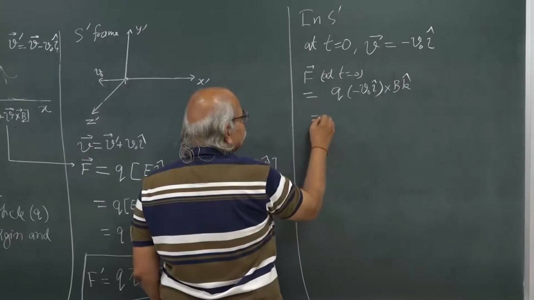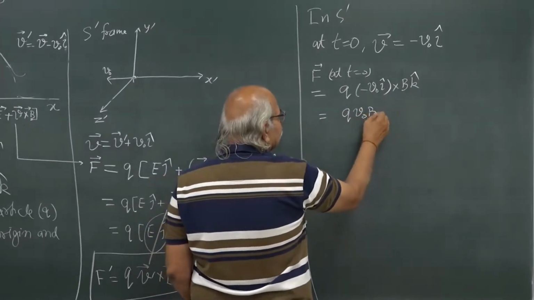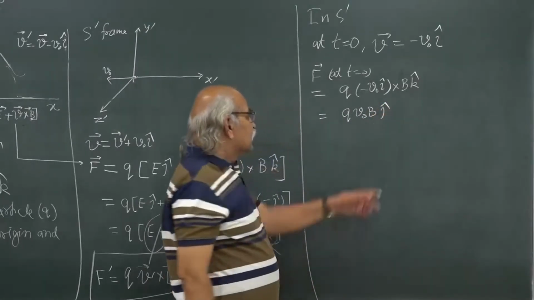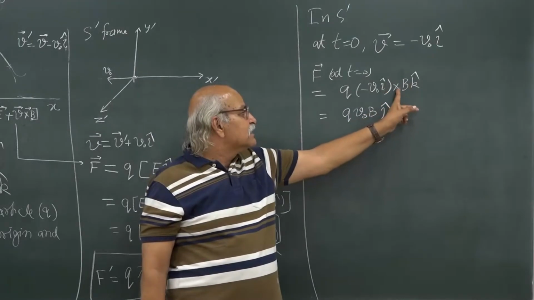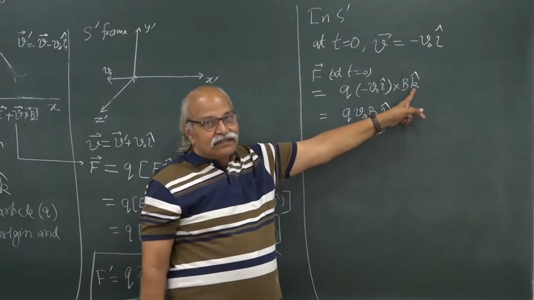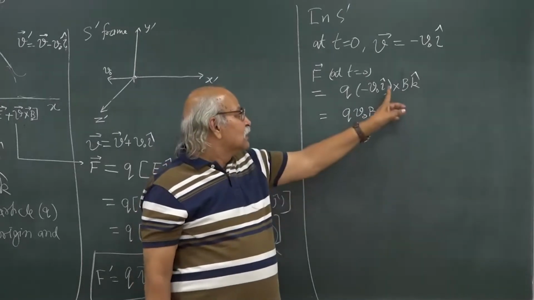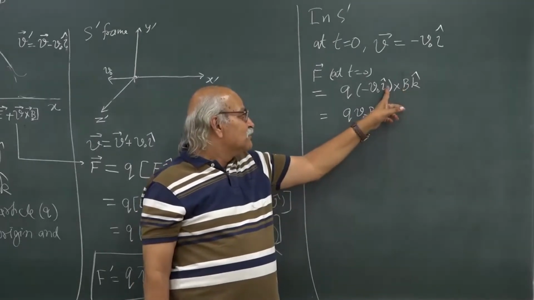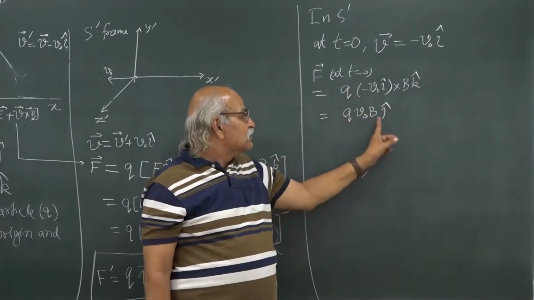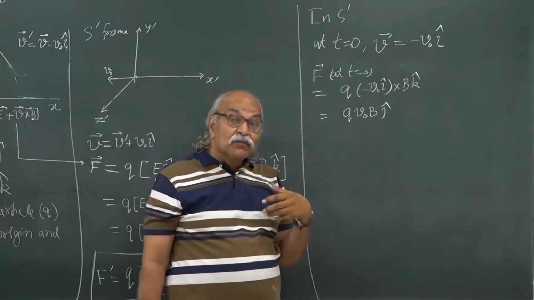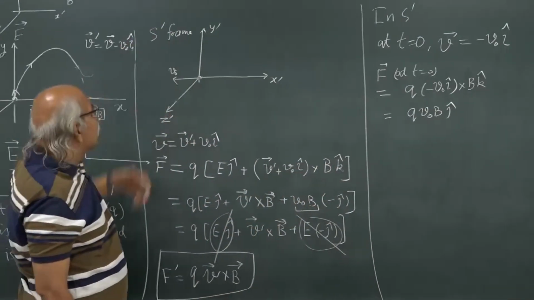So this is q v naught B j cap. i cap cross k cap is minus j cap, right? i j k i. So k cross i will be j, but i cross k will be minus j. With this minus it will be this. The force will be in the positive y direction.